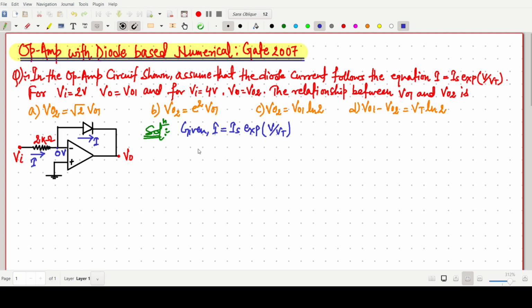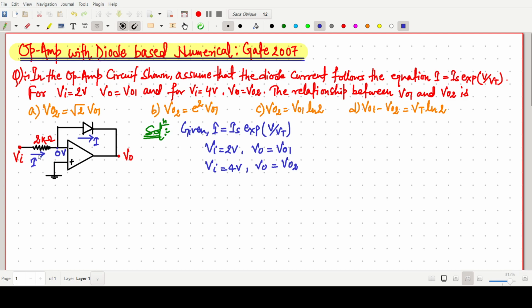Also given, when Vi equals 2 volt, the V0 value will be V01, and one more relationship is given: when Vi is 4 volt, V0 equals V02. So we have to find the relationship between V01 and V02.